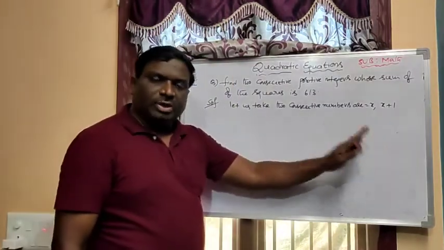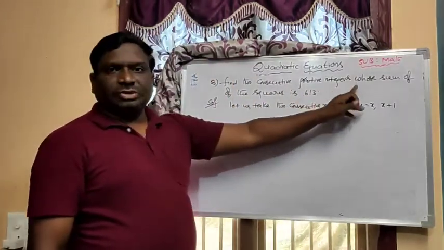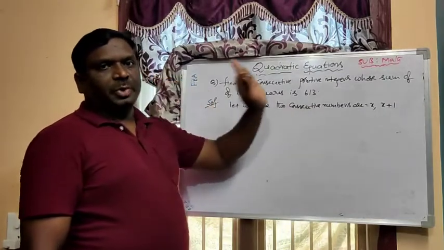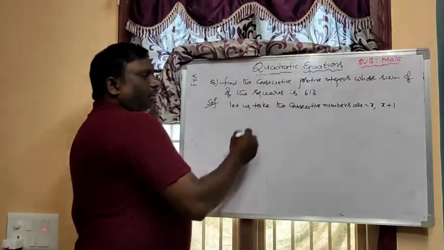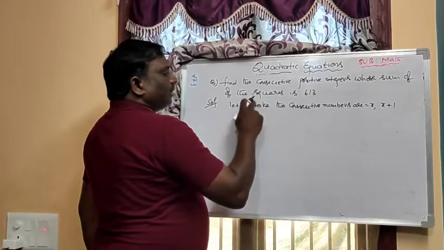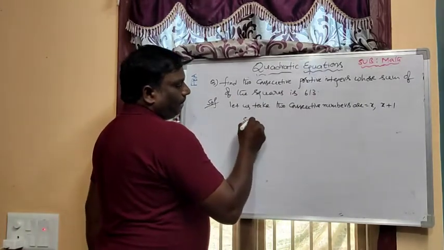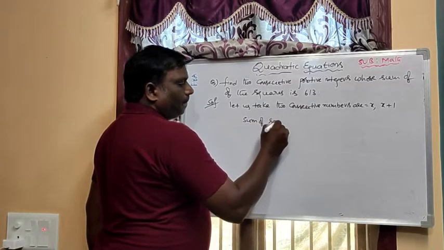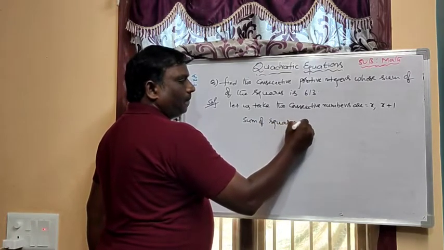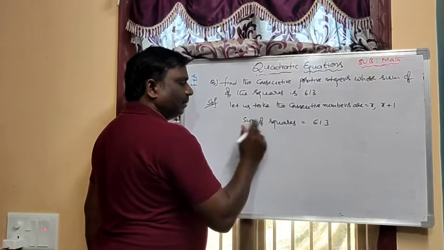Only positive numbers we have to take, consecutive positive integers they are asking. Then they are asking the sum of these squares equal to 613. Sum means addition.